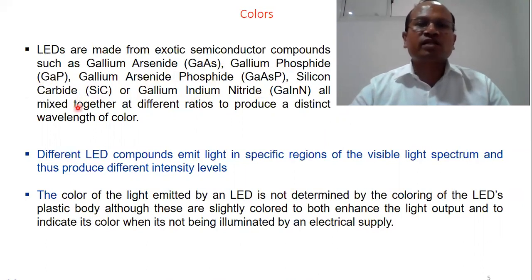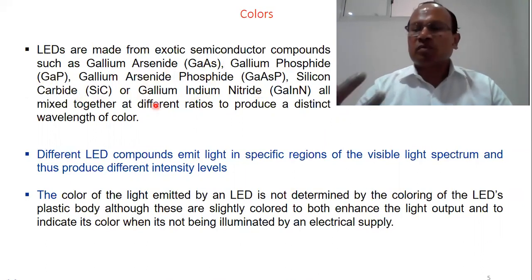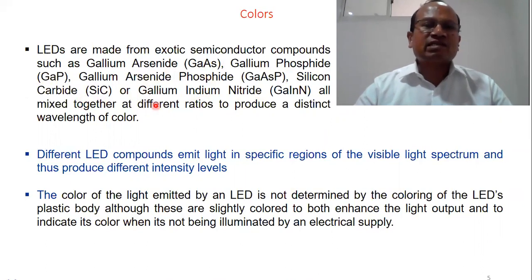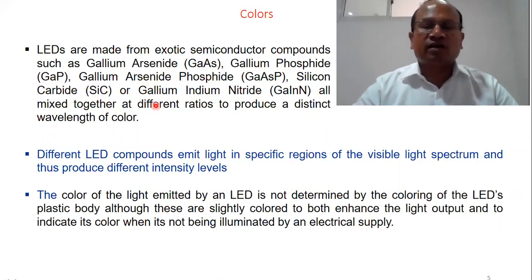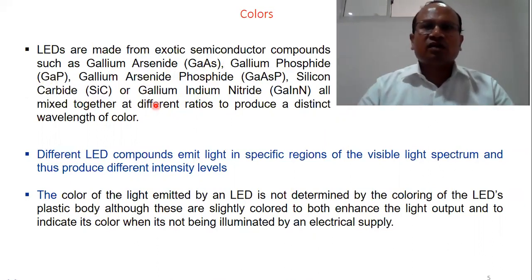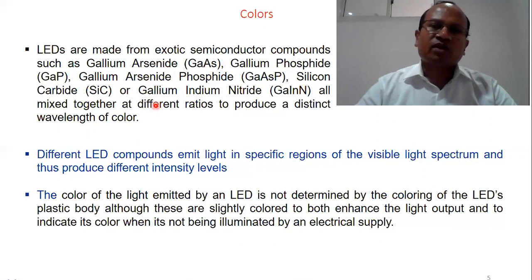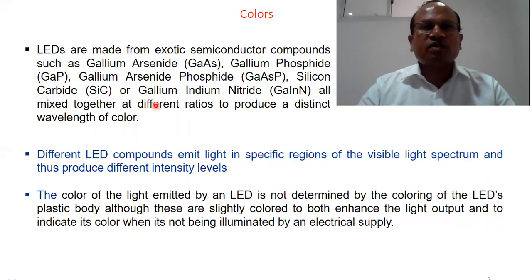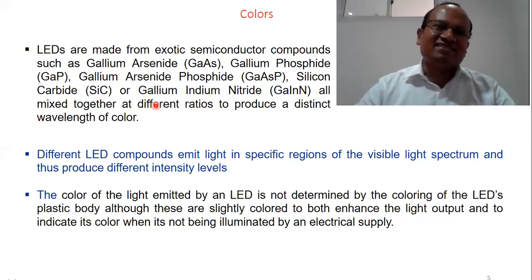All these are mixed together at different ratios and proportions to produce distinct wavelengths of color. There is a band gap theory. In our previous lecture we discussed that when we have different proportions of these materials, the band gap changes, and the wavelength will also change.